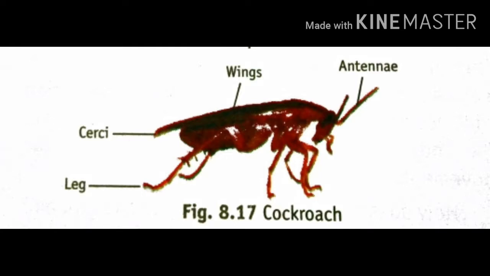A cockroach has 6 jointed legs and 2 pairs of wings. These wings and legs help cockroaches to move.